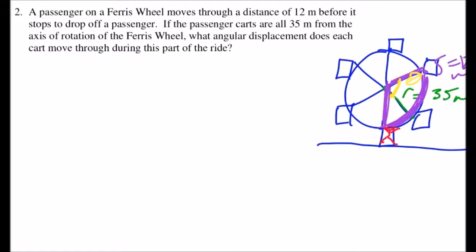So what formula do you think we should use? Probably the arc length formula. Very good. S equals R times theta. And in this case, what are we solving for? Theta. Okay. So how do you get theta by itself? Very good. Thanks, Graham.